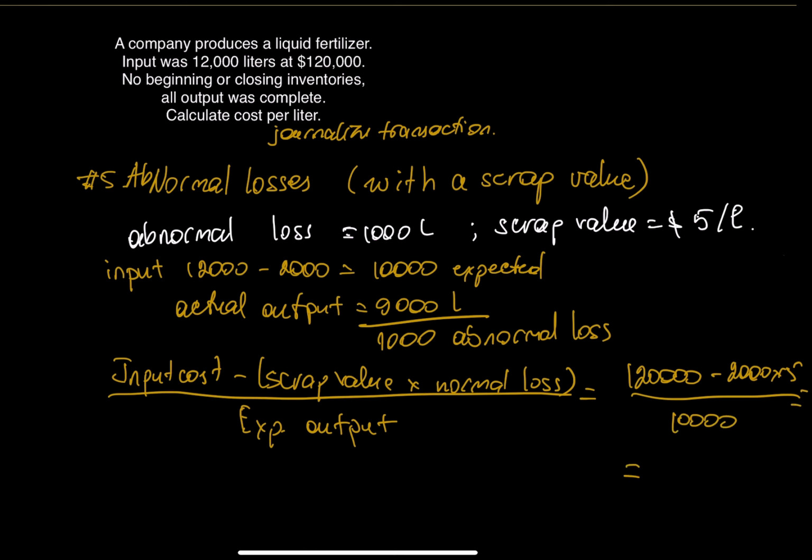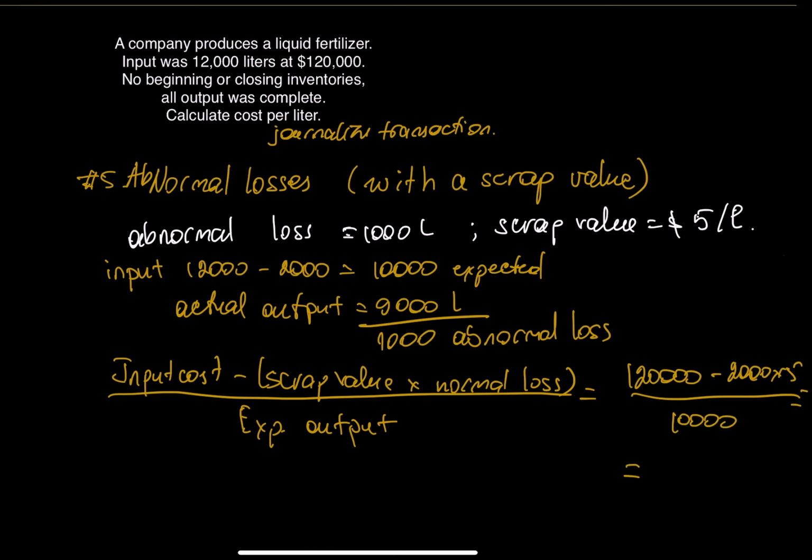Now, let's take a look at what happens with the journalization. You probably already got used to it by now. We had 120,000 credited to material and debited to work in process.